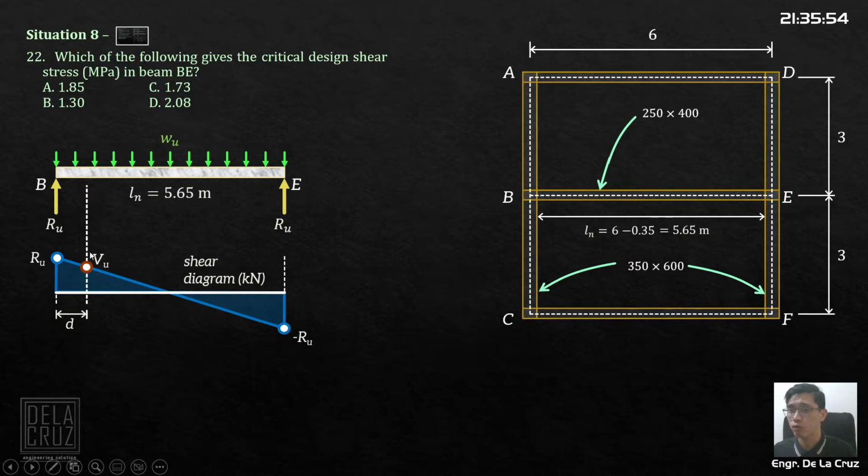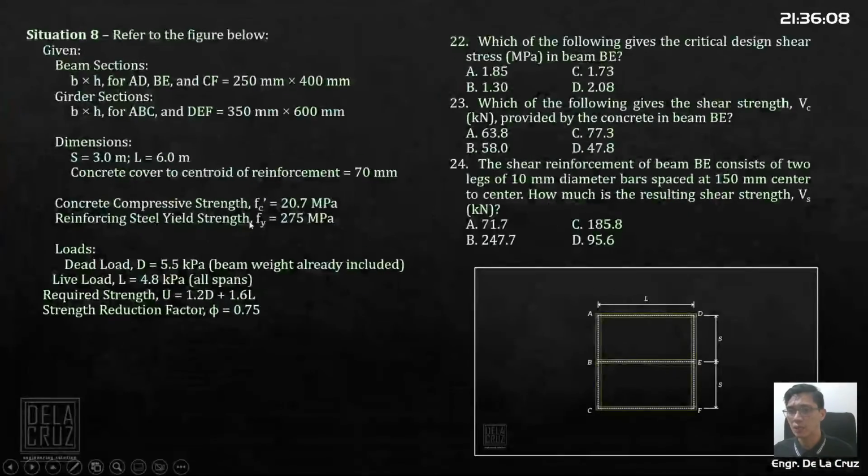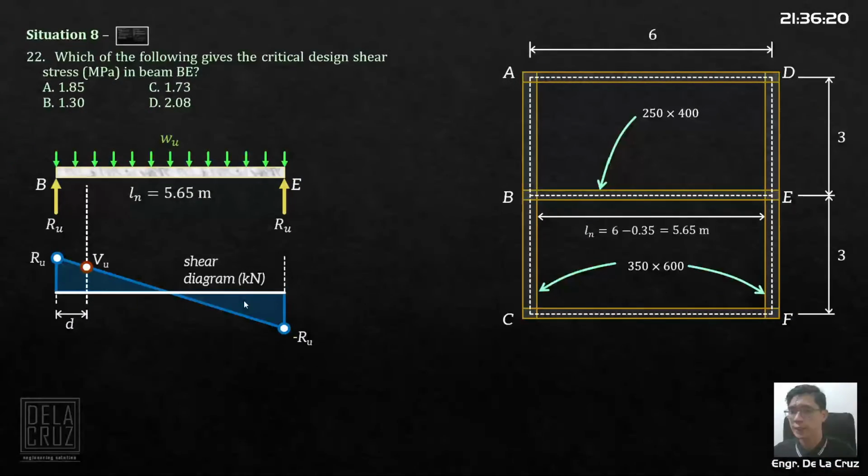Critical shear force. But before we calculate this one, the VU, we need the WU, the factored load in kilonewton per meter. No? Kilonewton per meter. Take note, yung givens dito are naka-kilopascals or naka-pressure. So we need to convert these loadings into a kilonewton per meter for linear weight.